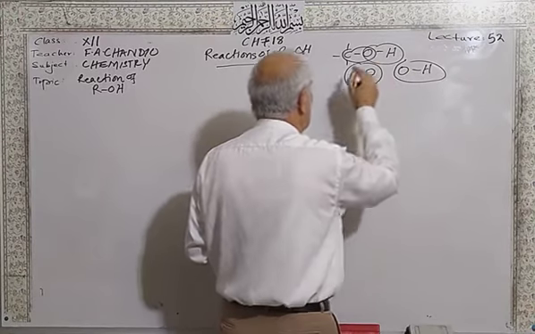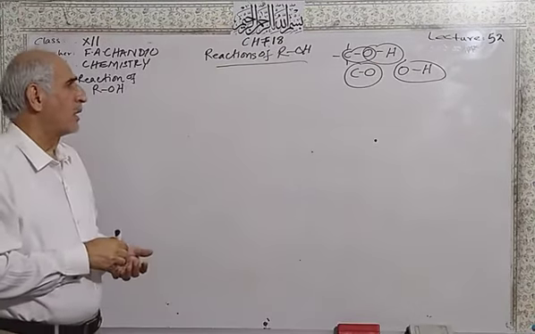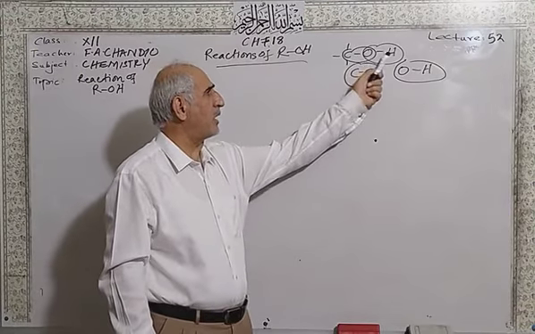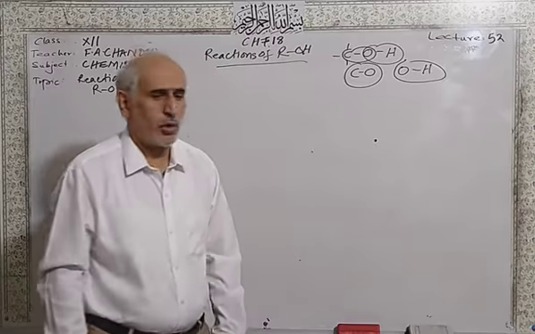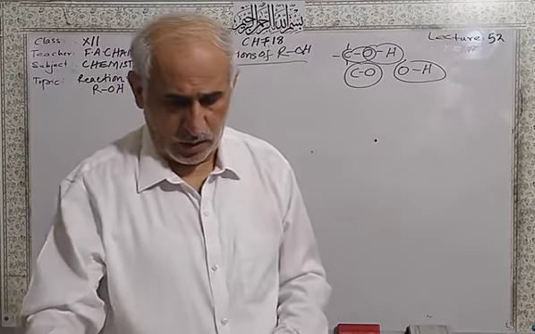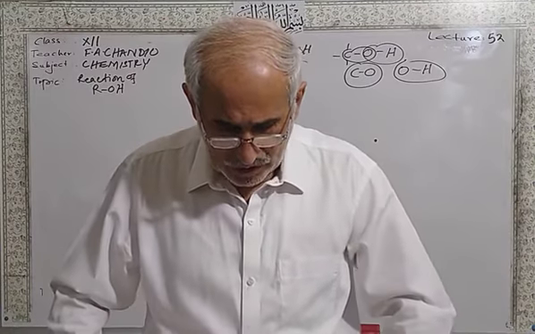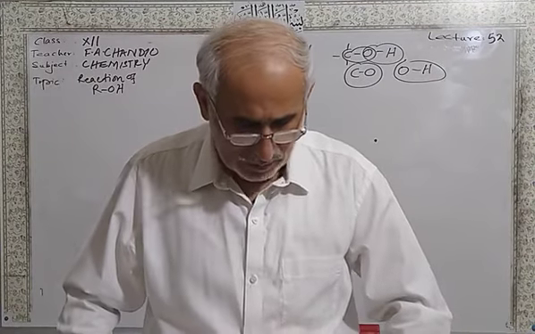So alcohol gives two kinds of reactivity: when the cleavage of the carbon-oxygen bond is involved, and when the oxygen-hydrogen bond is going to be involved in the reactions. The breaking of carbon-oxygen and oxygen-hydrogen bonds.